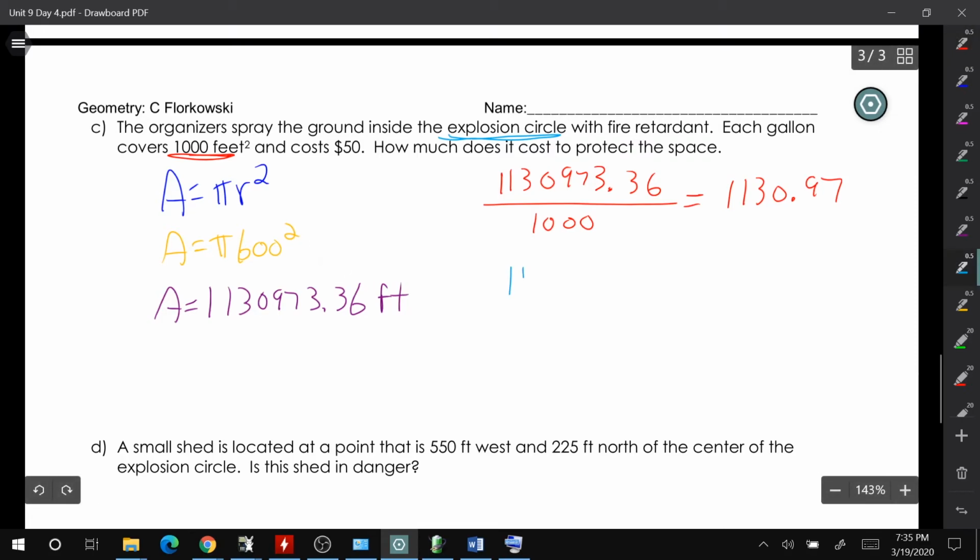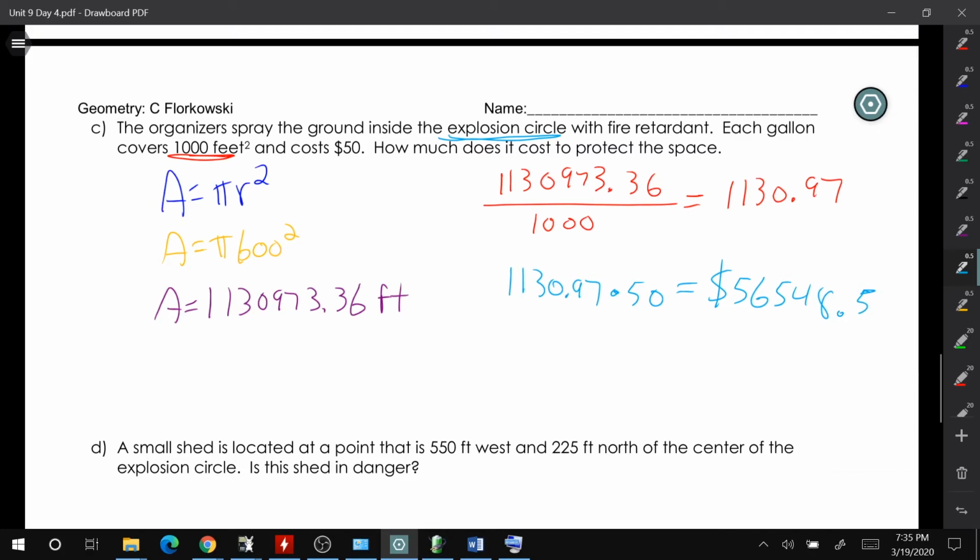So we're going to take the number of gallons we need and multiply it by 50. And then that will give us, in dollars, $56,548.50. So that's how much it will cost to protect the explosion circle from catching on fire from these fireworks.